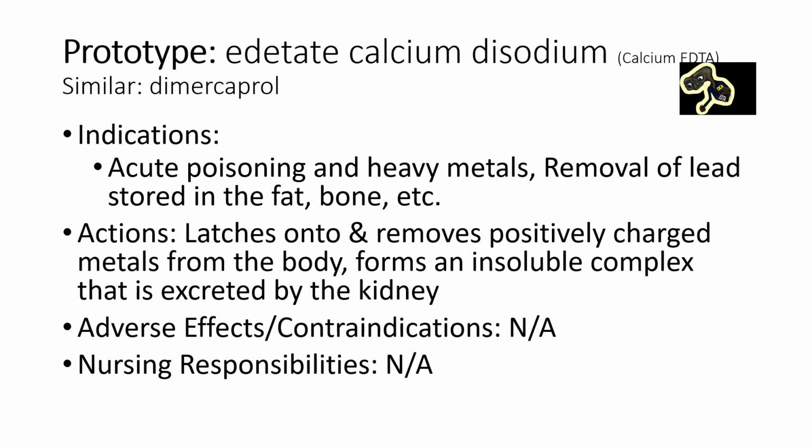It causes all kinds of neurological delays, learning disabilities, a lot of really harmful effects, right? So this binds the lead and can pull it out of the tissues and get excreted by the kidneys.